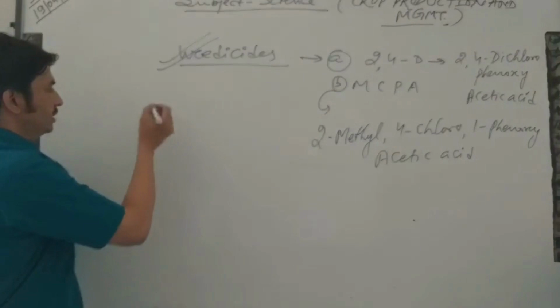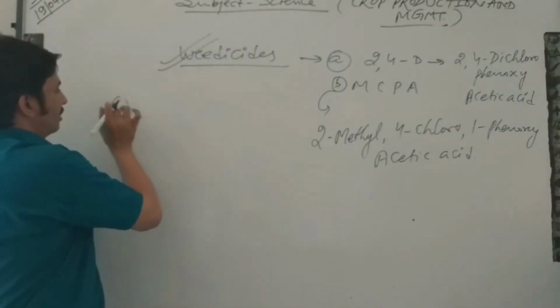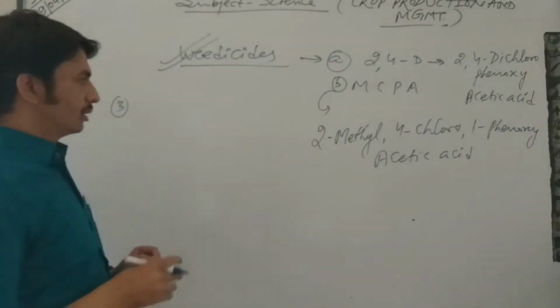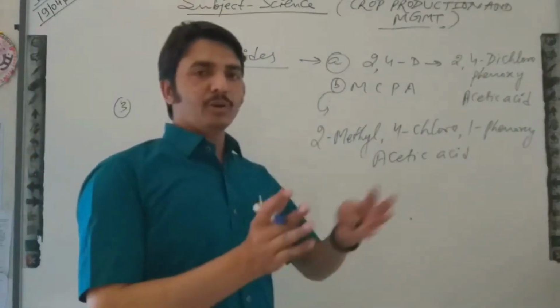The next method, we can write as the third method: we can grow leguminous crops in the field.